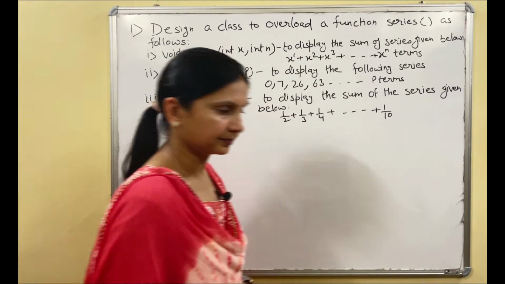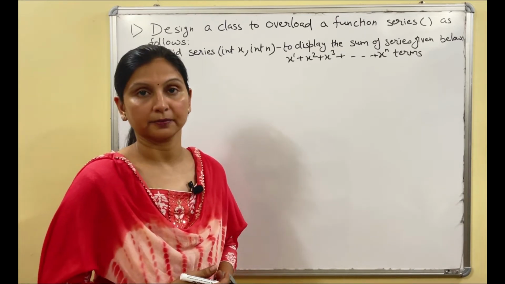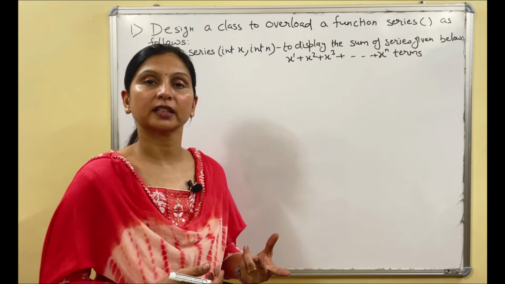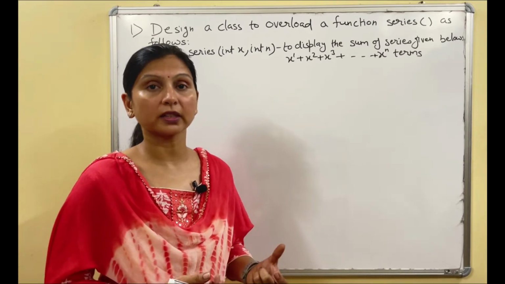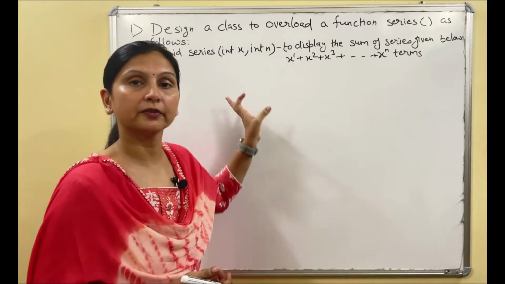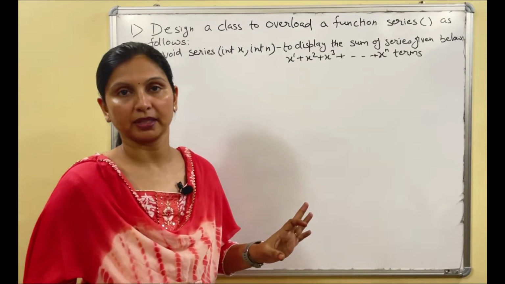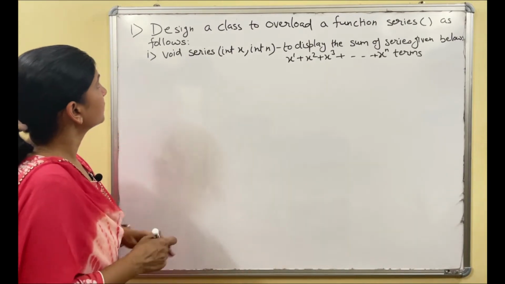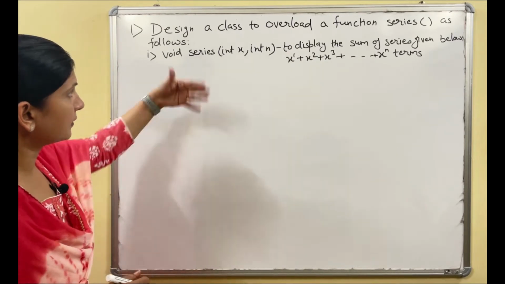So let's start. If you have noticed, in the program there was no main method. Only three functions were there, the series functions. So if the main method is not asked, then no need to make it. You will simply make the user defined functions. Whatever is asked, do that. No need to make the main method. Fine. I have removed two functions because of the lack of space, so I will write one by one.